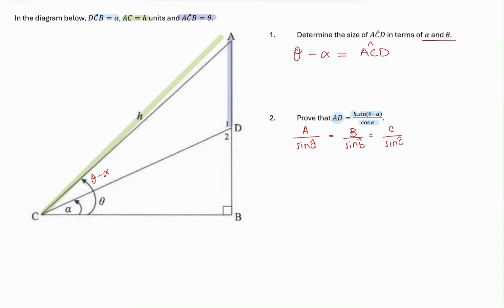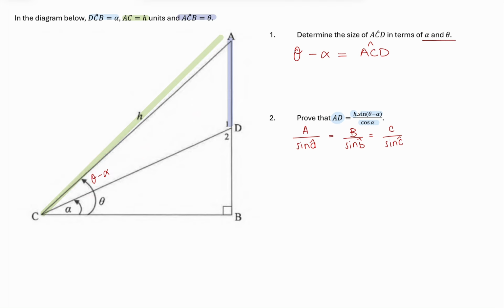What that then says to us is I need to find what is common between the triangles. So what I can do, if I look, it's got a sine theta minus alpha. So this is sine theta minus alpha with its opposite side.